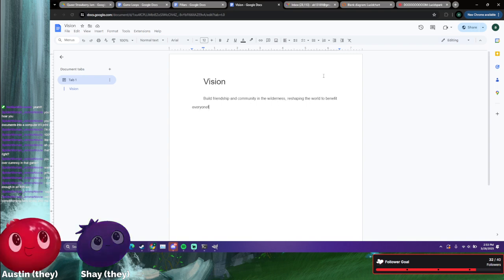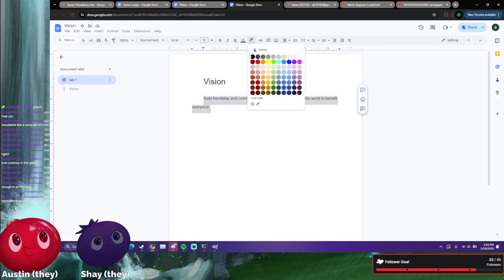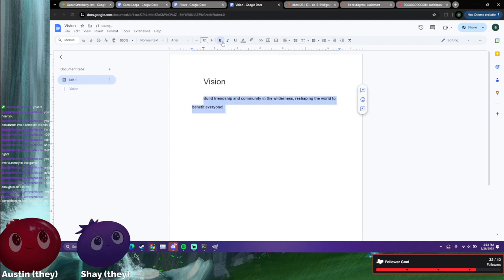I agree. First off, I think this should be bold and highlighted. Bold, italicized, underlined. This is the key idea. We're going to do center justification for this. But I'm actually going to take issue with the word reshaping. To me, reshaping gives the idea of exploiting the environment and building it into something we want.